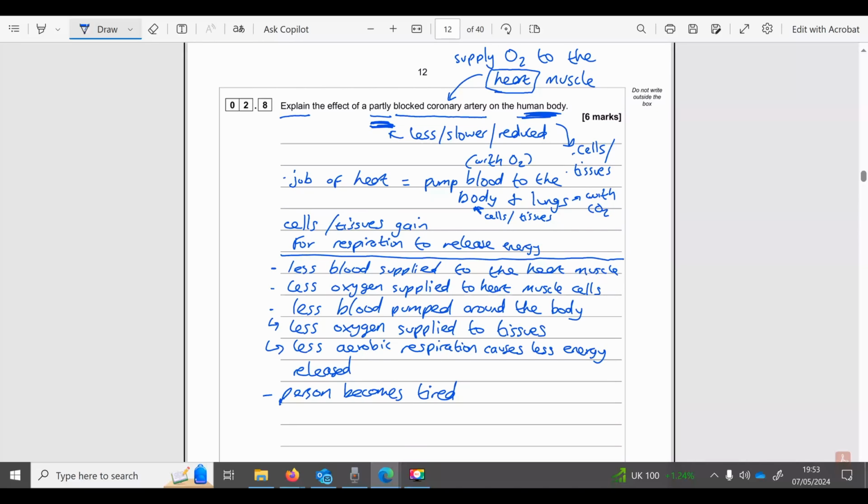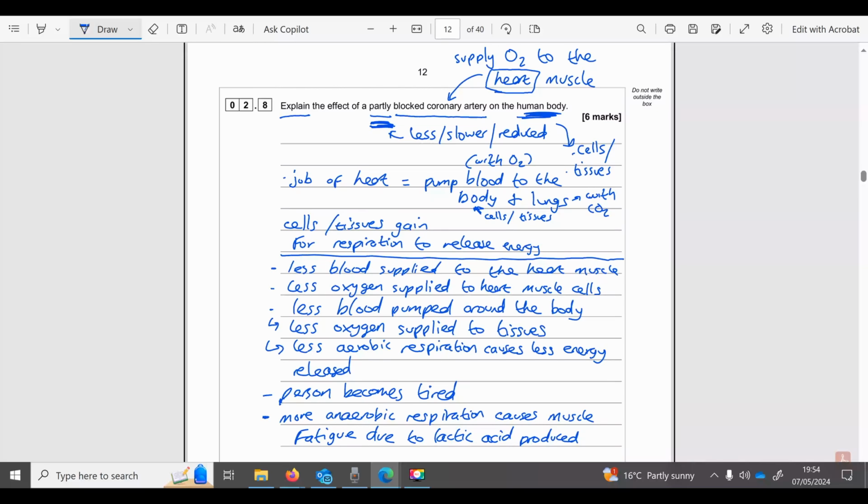What we can then say, link back to what we were talking about here about anaerobic respiration. If there's anaerobic respiration, there would then be muscle fatigue. So, more anaerobic respiration leads to muscle fatigue. Now, we have to say the reason why there's going to be muscle fatigue with this anaerobic respiration. And it's the result of lactic acid production.